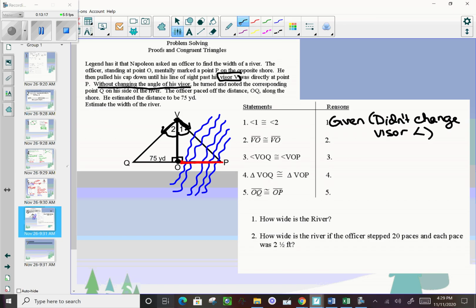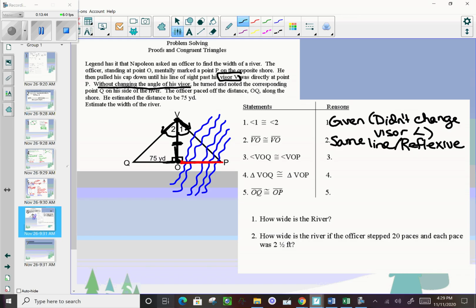All right, you should be able to answer me why VO is congruent to VO. Hopefully you either said reflexive or same line. Again, I take whichever answer you want to give. That says angle VOQ is congruent to VOP.